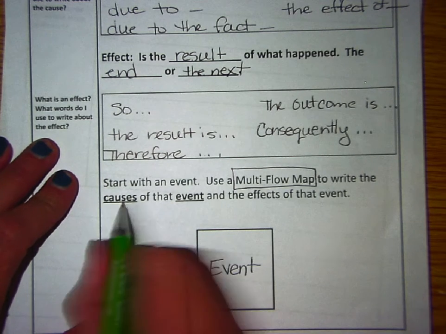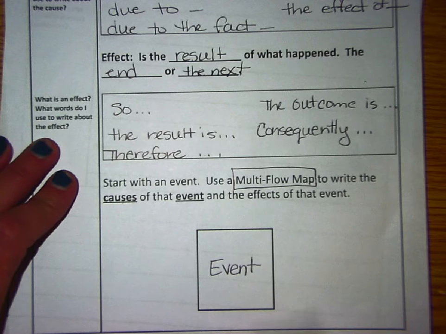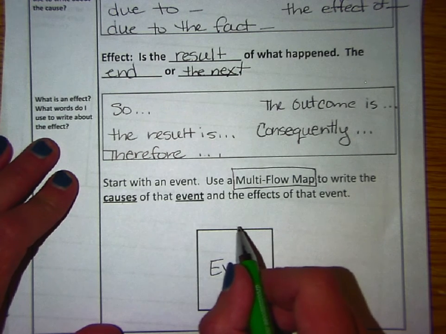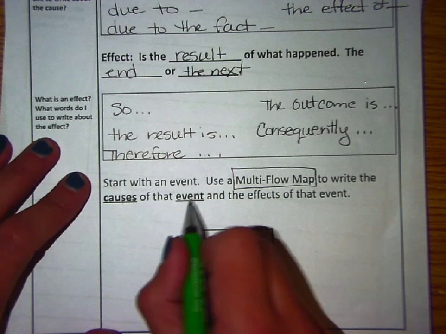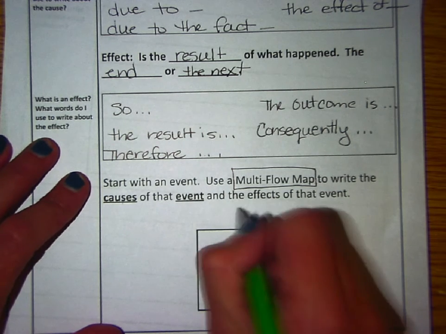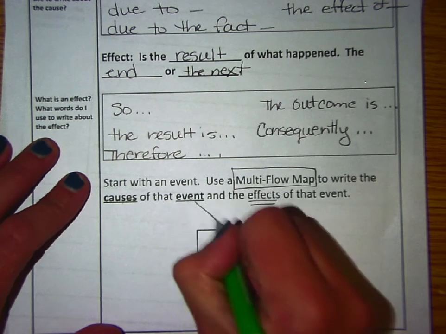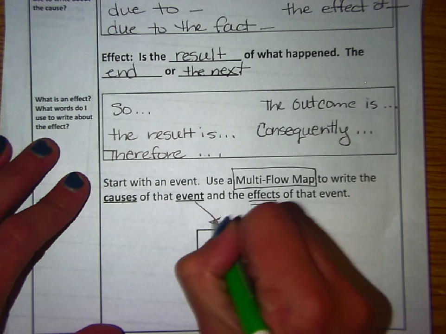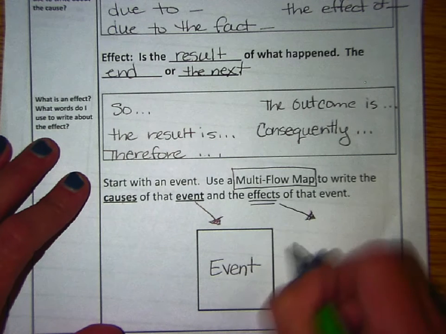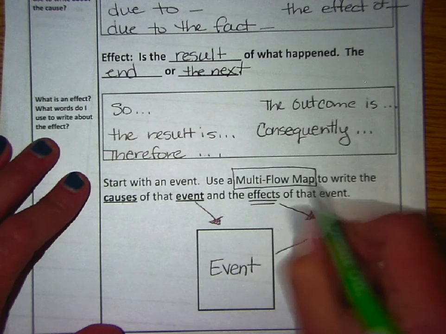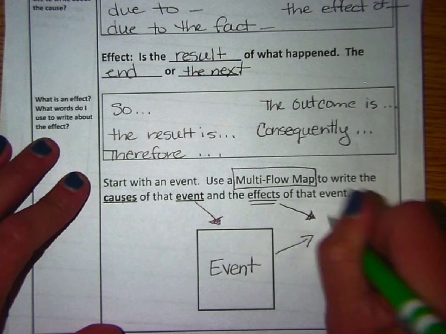Now the causes and the effects go around the event. So because we want this to flow like a book, we're going to put the event here and the effects after.